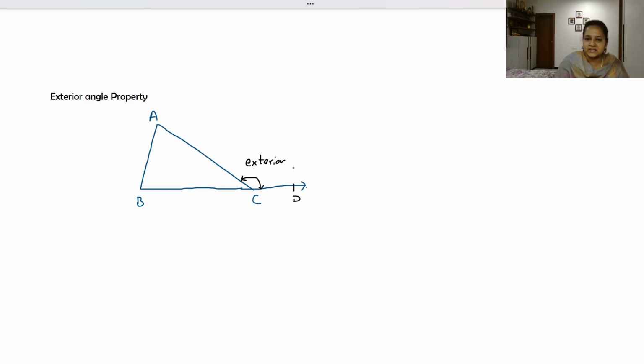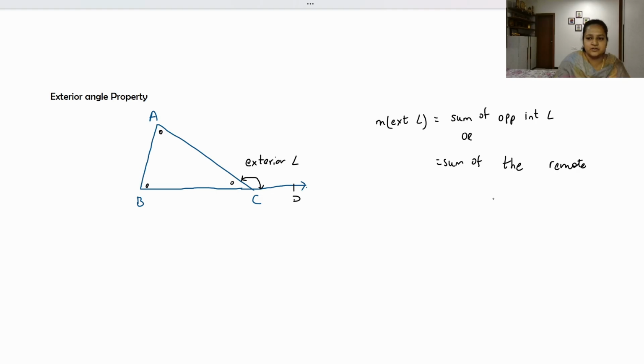The angles inside the triangle, angle A, angle B and angle C, are called the interior angles. We have learned in 8th standard that the measure of the exterior angle is the sum of the opposite interior angles, or you can call it the sum of the remote interior angles.